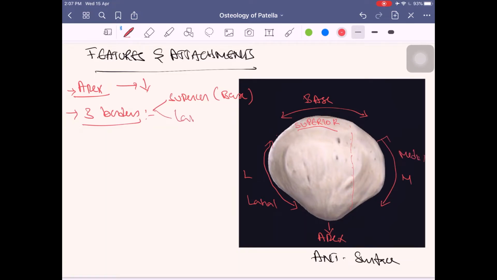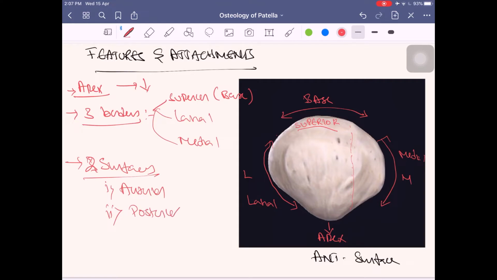So it has got a lateral border and a medial border. So there are three borders. You have two surfaces, which I told you in side determination. One is your rough anterior surface, which you are seeing right now. Another one is smooth articular posterior surface. There are two surfaces.